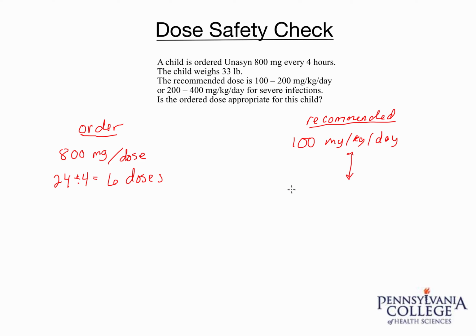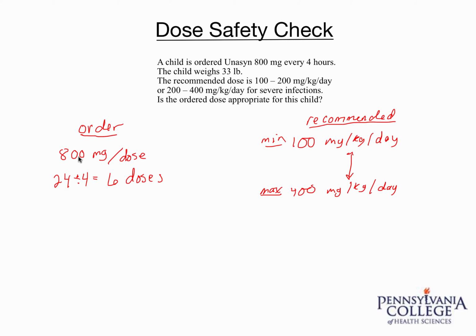We're not given any other information about whether this patient is being treated for a severe infection or not. So we're going to consider anything from 100 up to 400. That's the minimum that would be appropriate, 100 milligrams for every kilogram per day, and the max will be 400.